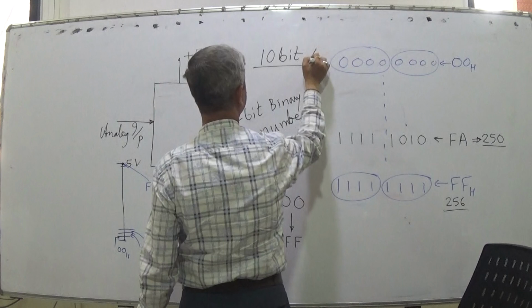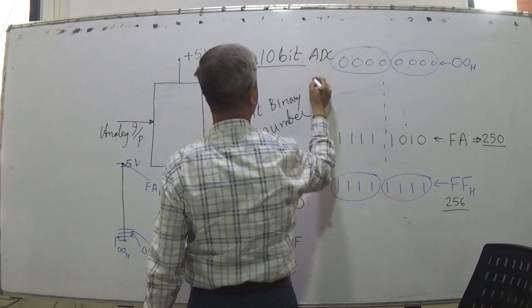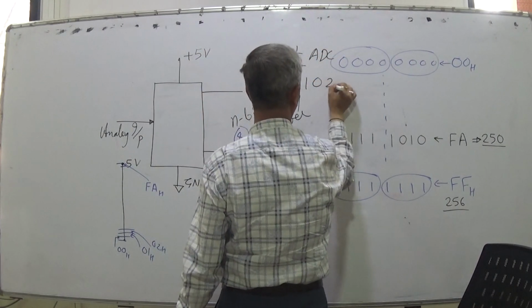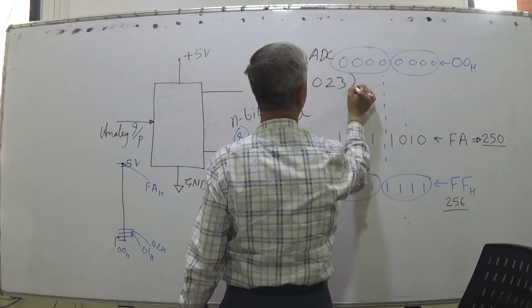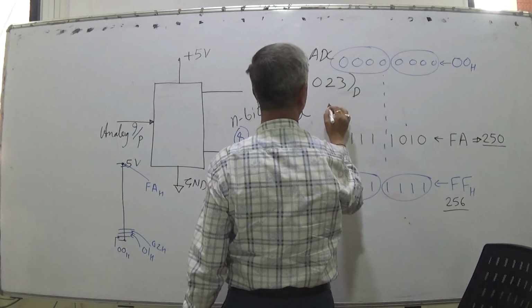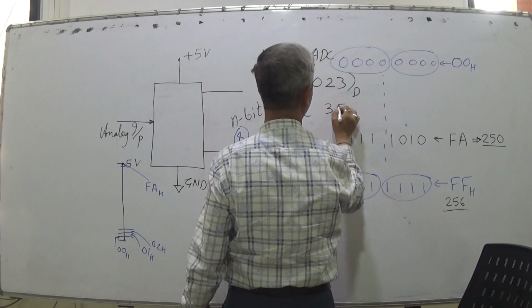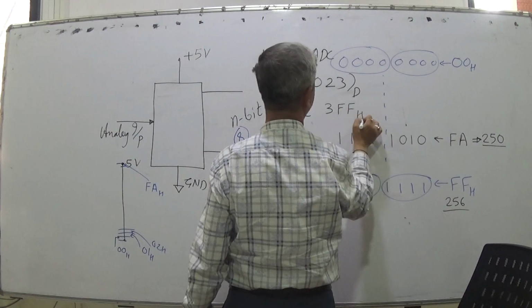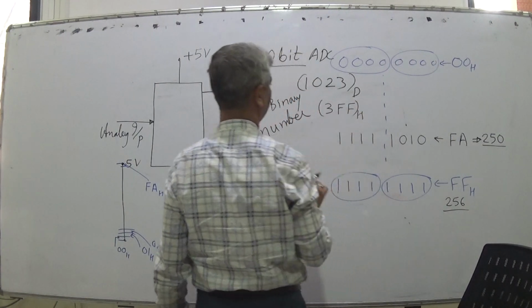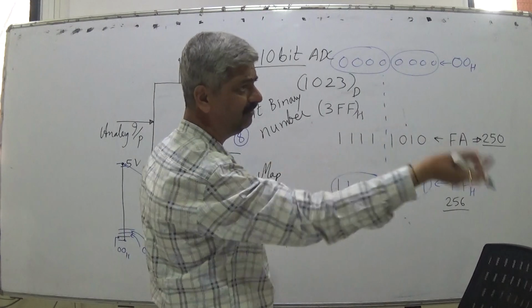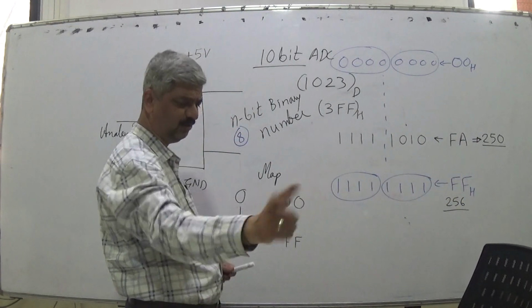It is a 10-bit ADC, so its maximum value is 3FF hex, and that is mapped to 5 volts, or you can have some mapping also.